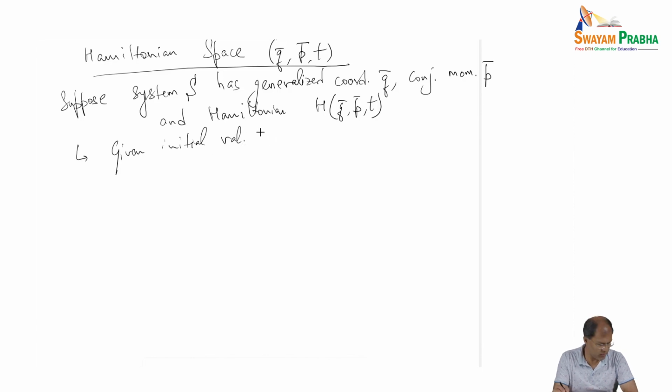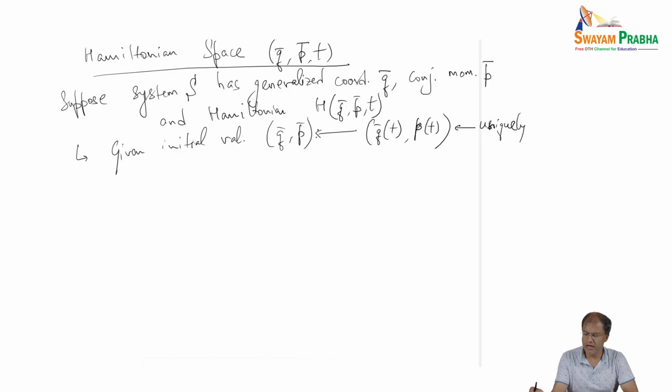Suppose the initial values of q and p are given. Then we can write q and p at a subsequent time of interest, q of t and p of t, and these are uniquely determined via Hamilton's equations.